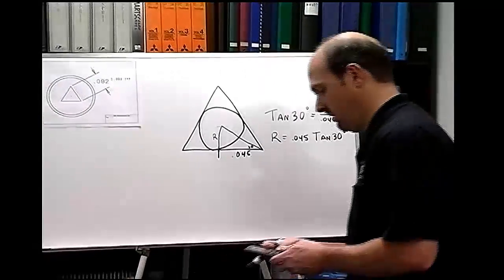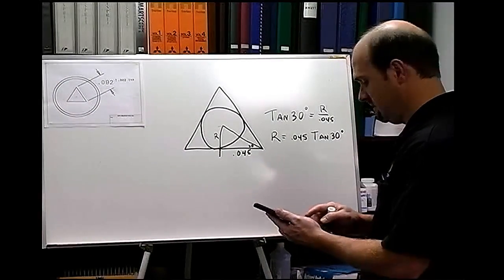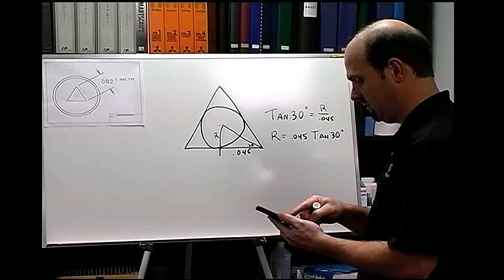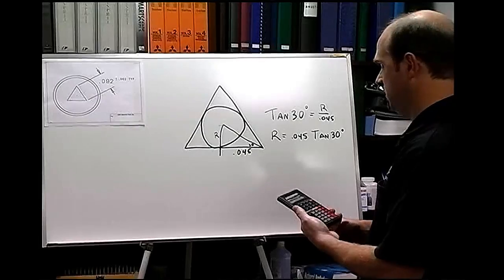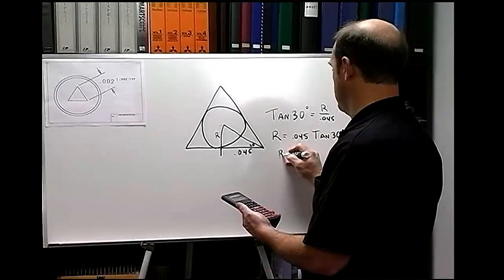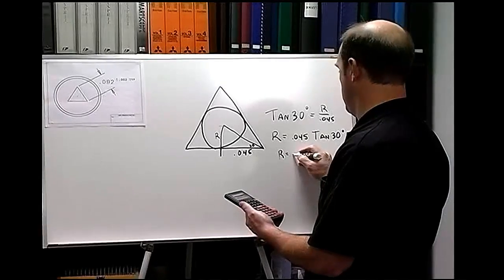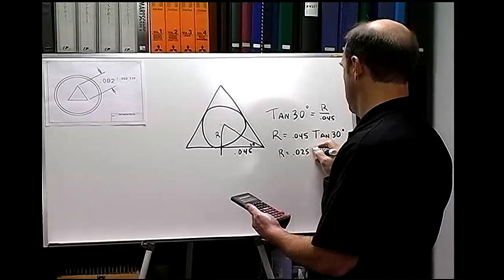Grab the calculator here. 0.045 times 30 tangent. So the radius is going to be equal to 0.02598.